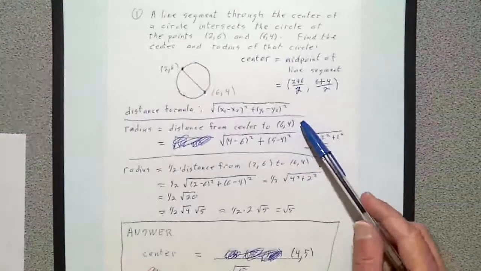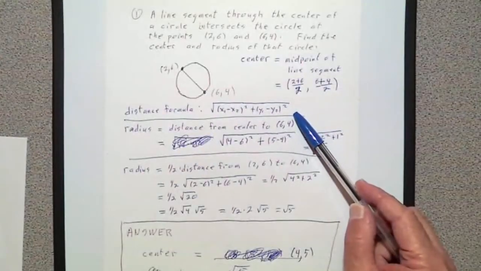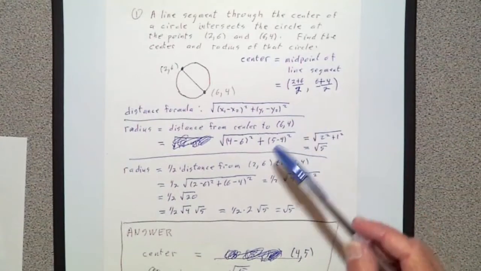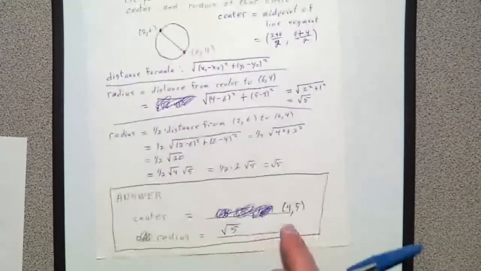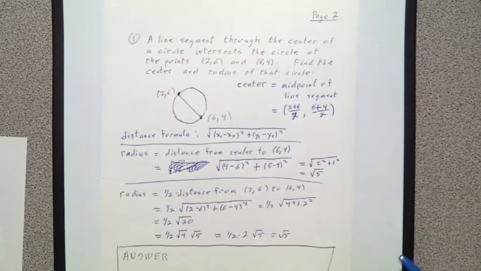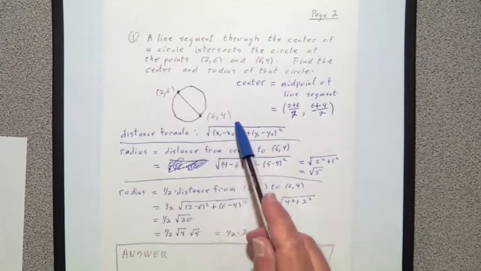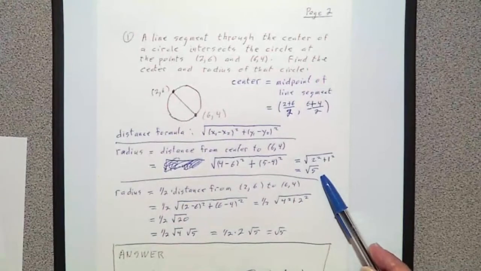Here's the distance formula: the difference in the x's squared plus the difference in the y's squared, square root. So if you take the center, (4, 5), and one of the points, say (6, 4), you plug into the distance formula and you get that the square root of 5 is the distance.